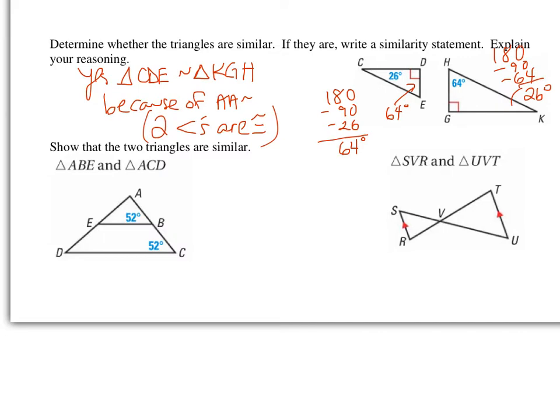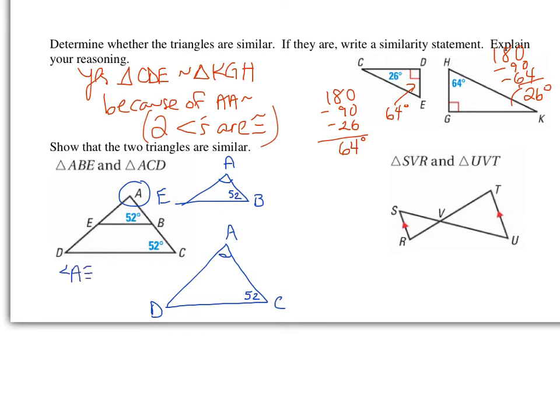So for this next one, you can see that we really have 2 triangles in one. There's one large triangle and one small triangle. So I strongly recommend that you draw out the 2 separate triangles. I've done that myself, and if you notice, both of those triangles share angle A. So angle A is congruent to angle A, and that is the reflexive property again, just with angles instead of sides.